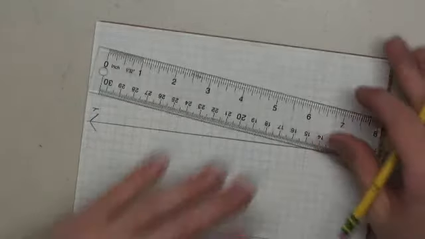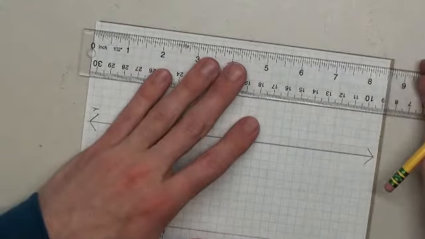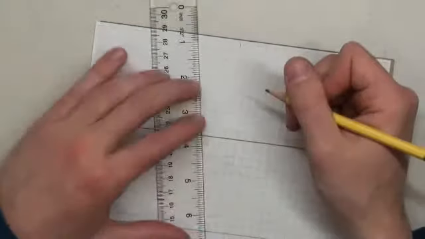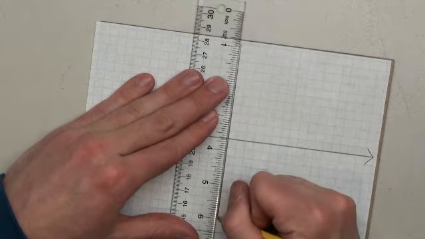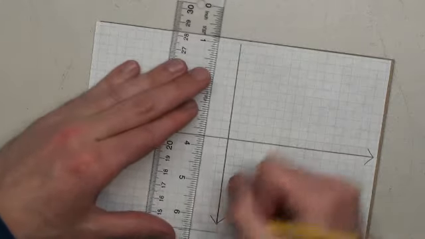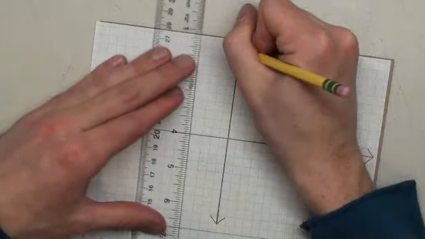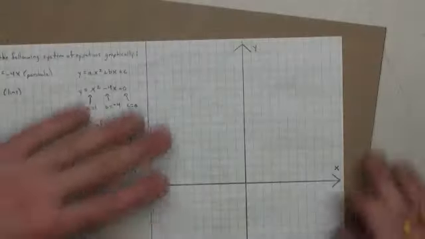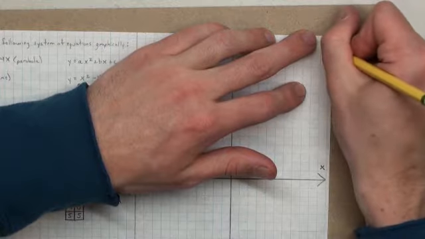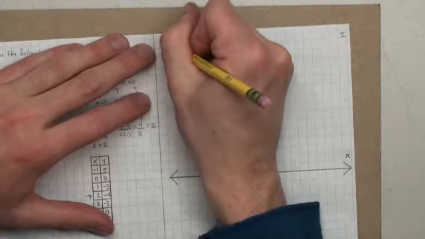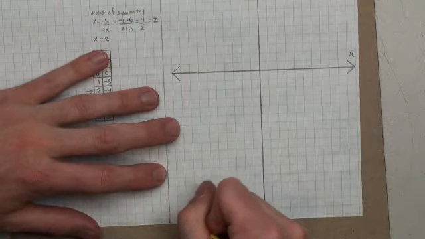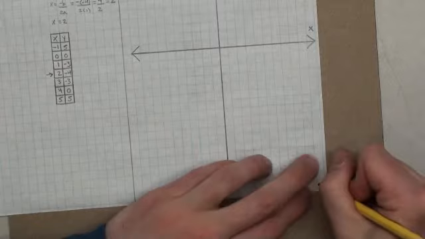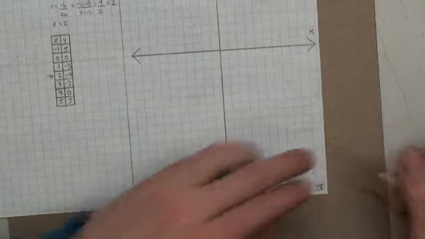It's on the y-axis. Our x-axis, and we have to label our quadrants: 1, 2, 3, 4.